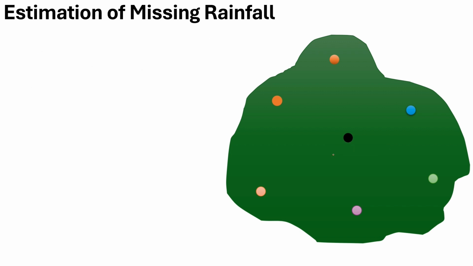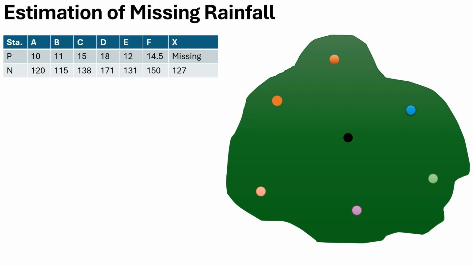And the second method is the estimation of missing rainfall data for a station by using the normal ratio method.